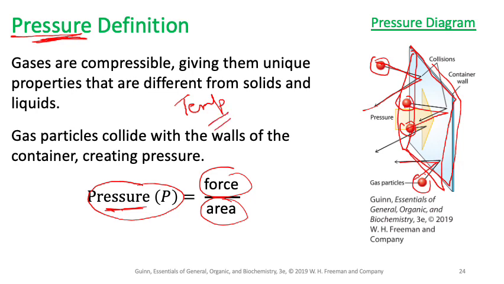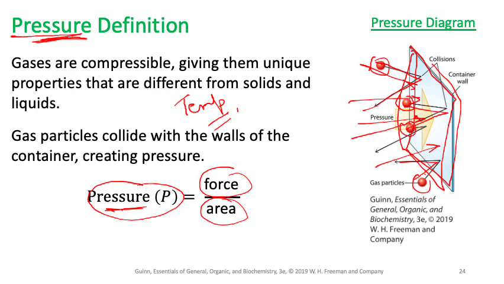If we don't change the volume of the gas container, and you increase the temperature, what's going to happen? You are increasing the speed, the kinetic energy of the atoms of that particular gas. And if the kinetic energy increases, there's a higher chance that the atoms are colliding with the inner surface of the container much faster compared to when they have a lower amount of kinetic energy.